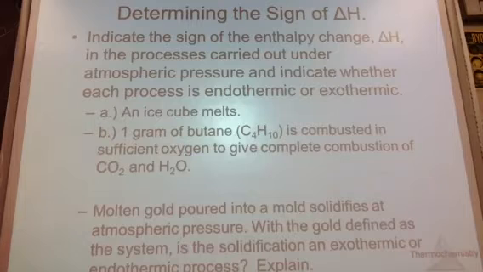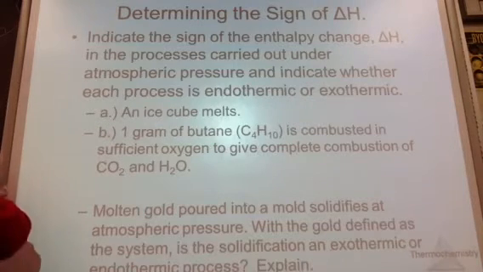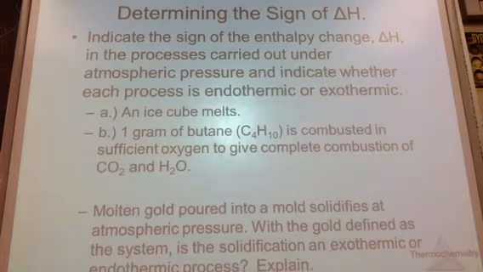If I'm releasing energy, the system is losing energy in the form of heat, and the surroundings are gaining it. So my delta H, my change in enthalpy, if the system is losing, must be negative. Would this be an endothermic or an exothermic reaction? This would be an exothermic reaction.